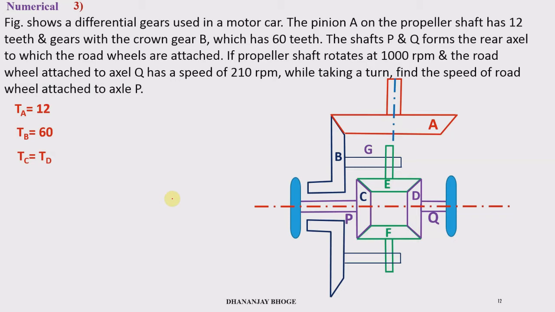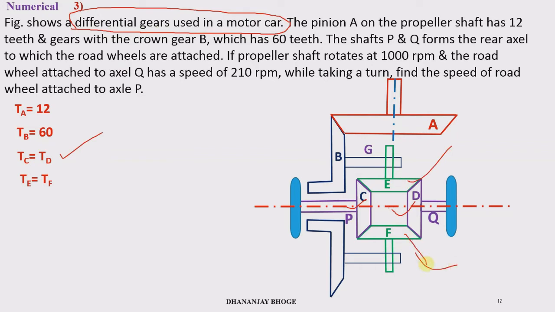This is not mentioned in the problem statement, but it is specified that the shown epicyclic gear train is of differential gears used in a motor car. And if it is a differential gear, gears C and D will have an equal number of teeth. So we write here TC equals TD. Also TE equals TF.